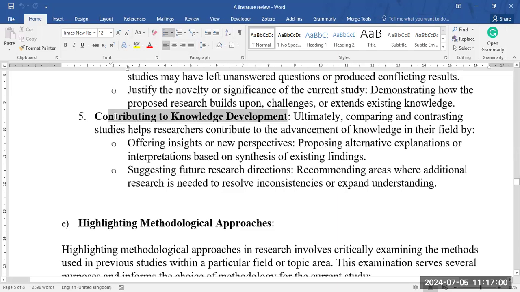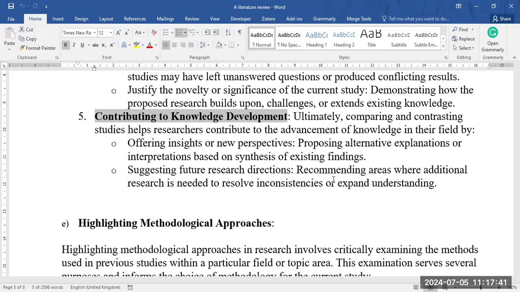Actually, the purpose of conducting research is to create knowledge, as we discussed earlier. So, contributing to knowledge development. Ultimately, comparing and contrasting studies helps researchers contribute to the advancement of knowledge in the field, right? Again and again, I am telling you that you should understand this. Sometimes students have some reluctance to study the literature review, but as an academic student, you should understand the literature because literature is very essential for research work.